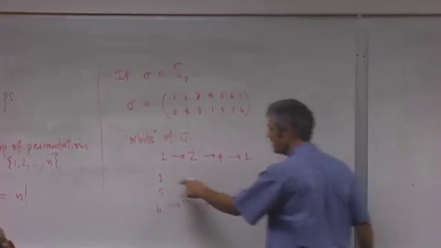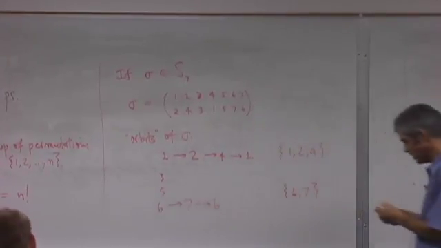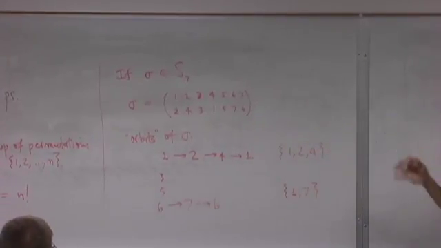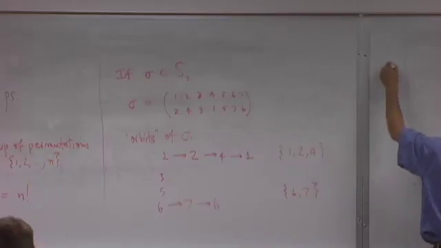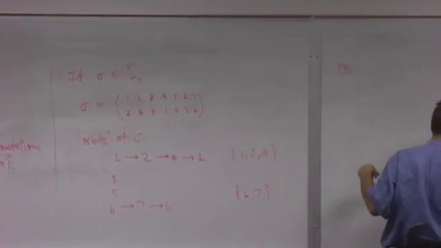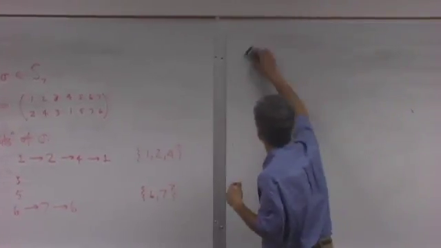Now, technically, the number 3 itself is its own orbit because it doesn't get moved by sigma. So we're not going to really be interested in the effect of sigma on 3 just because there is no effect of sigma on 3. It stays at 3. All right. Now here's the idea. Turns out, proposition. Now let me give you a definition first. Definition.